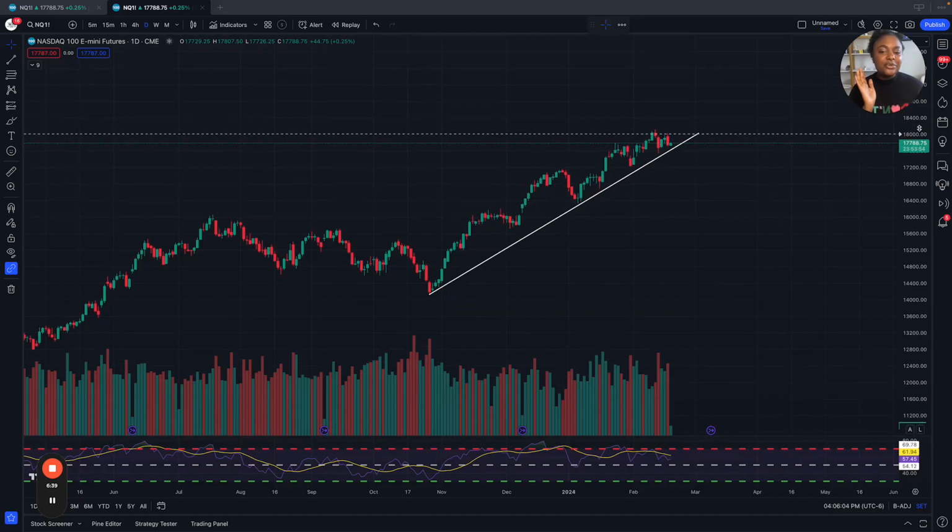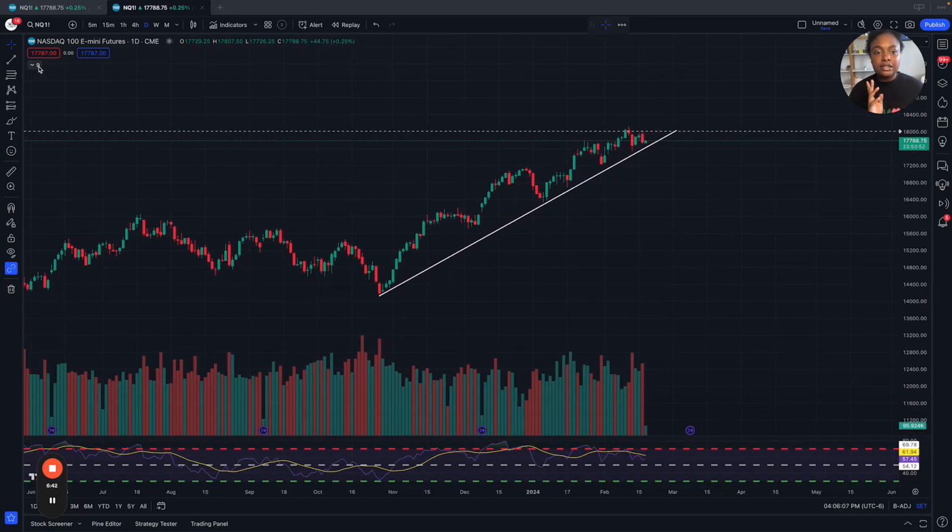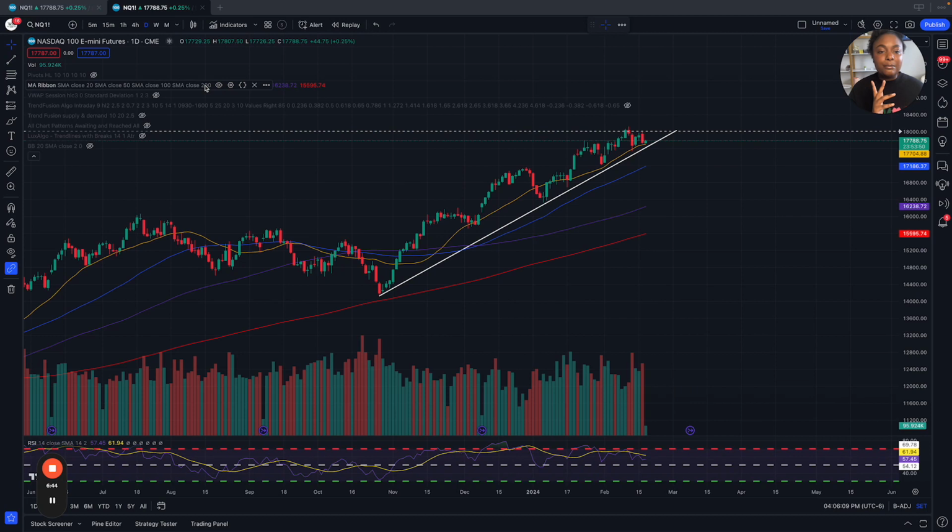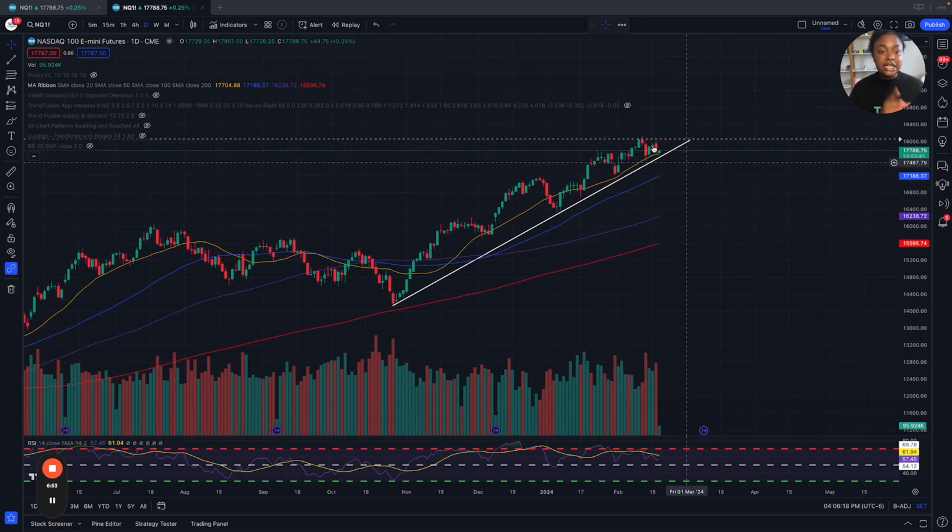Now we have this nice, beautiful trend line here. And when I pull up my moving averages, we are hovering right above the 20 MA. I am going to be watching NQ this week and don't really plan to make any move unless we break the high, get a beautiful bounce off of the trend line, or we break below the trend line and the 20 MA and work our way down to the 50 MA, where we should find support because we know that the 20 and the 50 MA on higher time frames are known as our value zone.